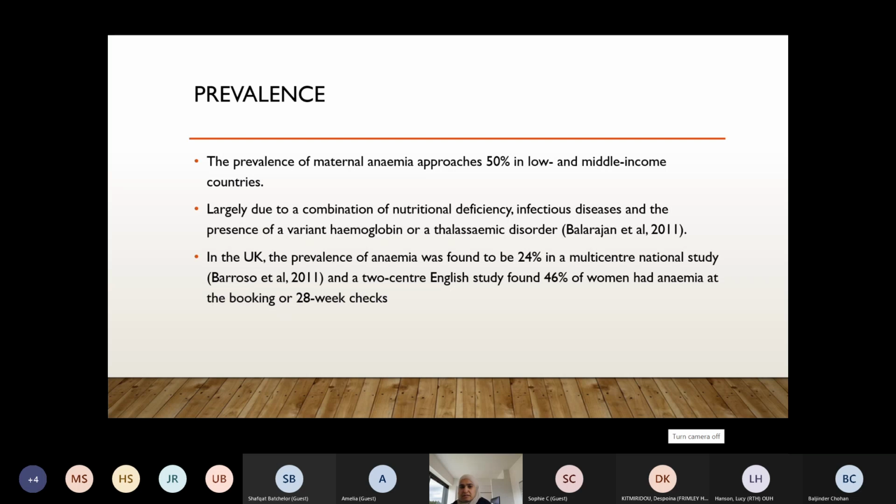In pregnancy, about half of pregnant women had anemia, either at booking or at 28 weeks. Another study found that the common causes are nutritional deficiencies, infectious diseases, or hemoglobinopathies. That was an international study, so not specific to the UK.